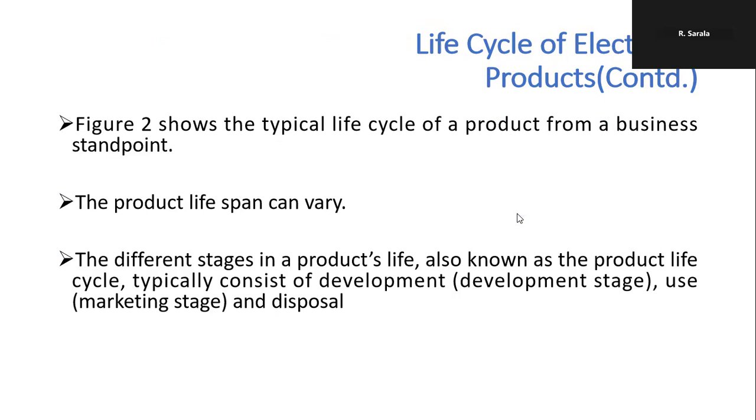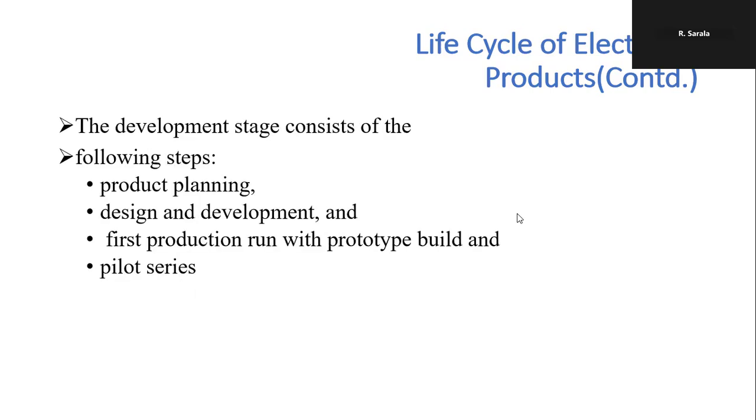The product life cycle typically consists of development, marketing, and disposal. Here development represents the development stage and disposal represents the disposal stage. There are various steps in the development stage that are product planning, design and development.